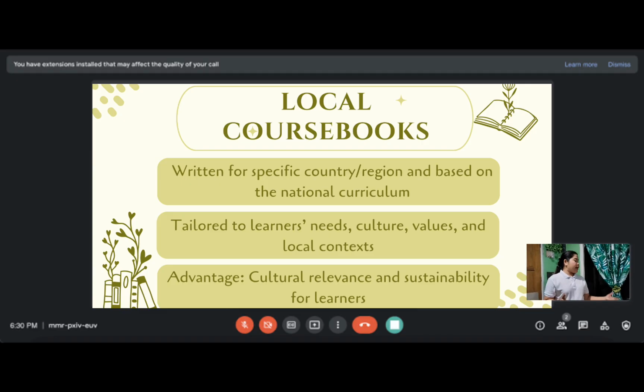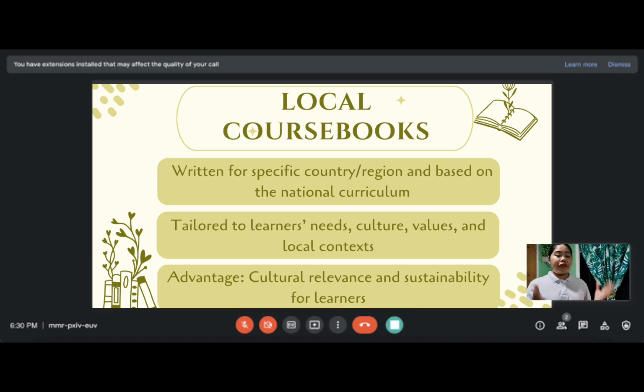Let's move on to the second one. A local course book is tailored to learners' needs, culture, values, and local context. So it is designed specifically to learners' needs. In doing so, culture, values, and local context are also taken into consideration.